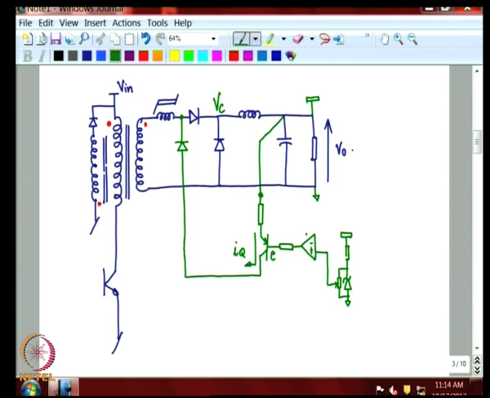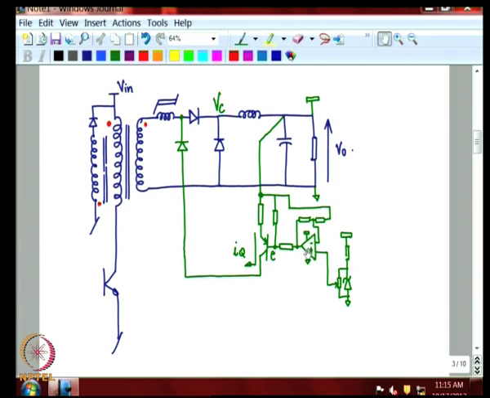The OpAmp will also be driven likewise from the output, so that it is self-contained, and the OpAmp, so this is inverting OpAmp.